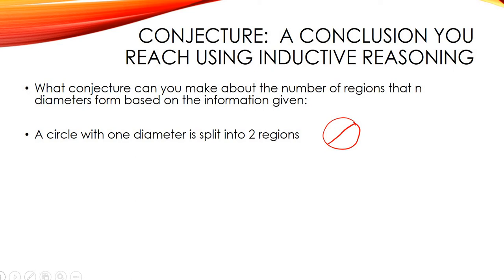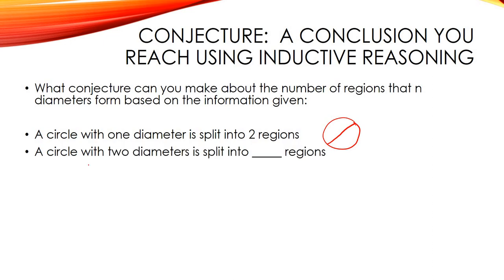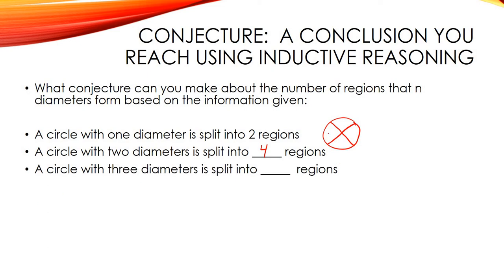Let's continue on and see if we can develop a pattern and then make a conjecture about this pattern. A circle with 2 diameters, so if I add a second diameter, now I'm split into 4 regions. A circle with 3 diameters now is split into 6 regions.